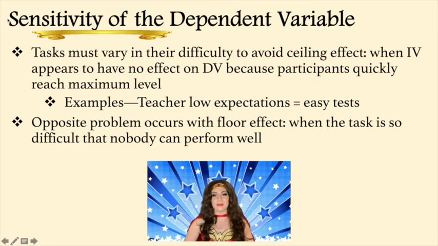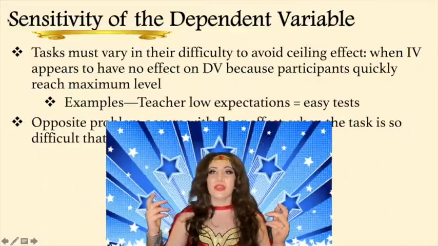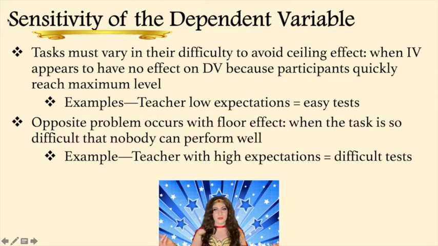The opposite problem occurs with the floor effect, when the task is so difficult that nobody can perform well, right? So for example, if I as a teacher have really high expectations, right? And even though the material on exam 1 was less difficult than the material on exam 2, I made the test for exam 1 and exam 2 so difficult, I threw in a lot of trick questions, for example, then I would not see a difference between the groups either.